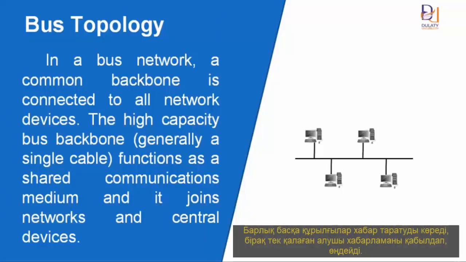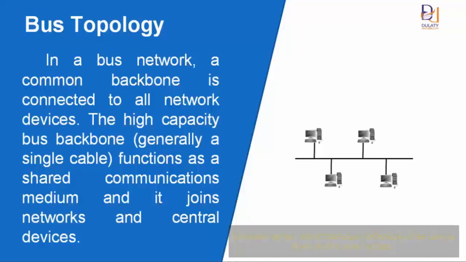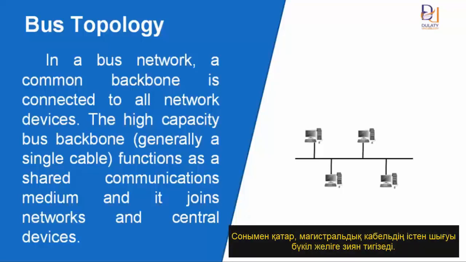All other devices will see the broadcast message, but only the desired recipient will accept and process the message. The performance of a bus network will be affected negatively if more than a few dozen computers are connected to this network. In addition, failure of the backbone cable will damage the whole network.